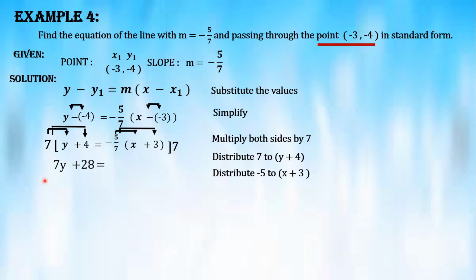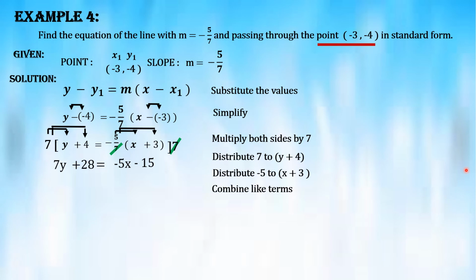Then, equals, dito, para hindi na ganun kahaba, just cancel yung dalawang 7. Then, direct na tayo sa pag-distribute. So, negative 5 times x, that is negative 5x. And then, negative 5 times positive 3, that becomes now negative 15. Okay?